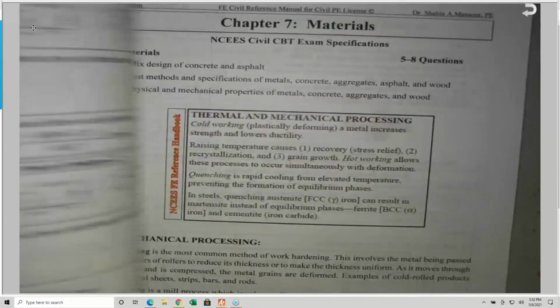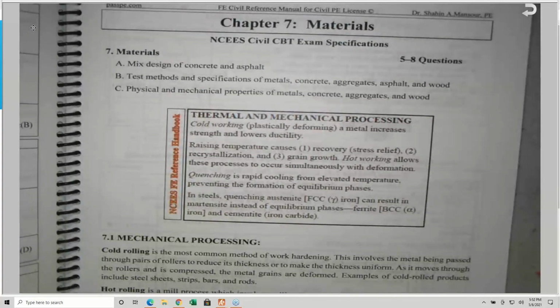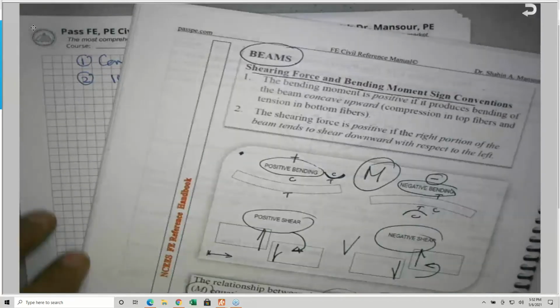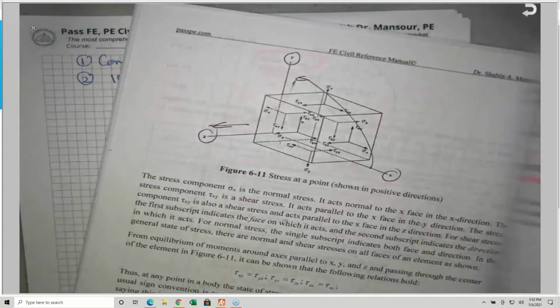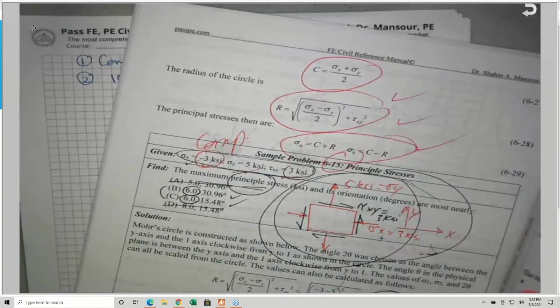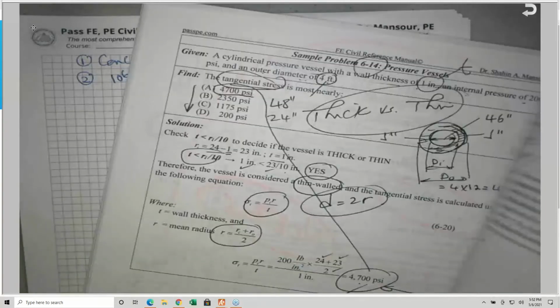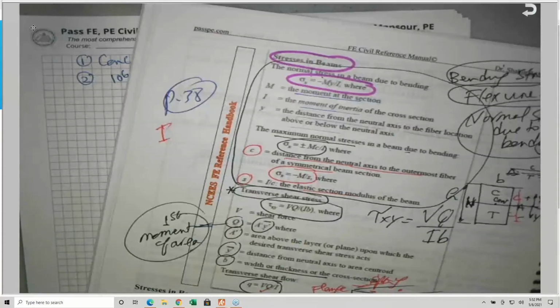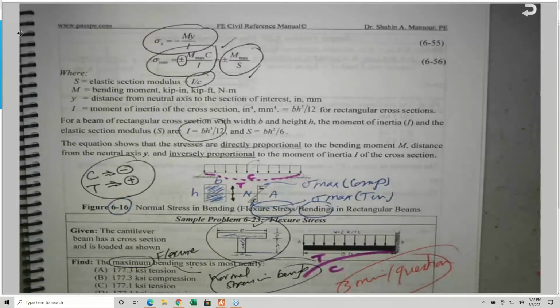It is 28 problems, I believe. So I need you to practice and practice and practice, to make sure that we are really having enough practice.